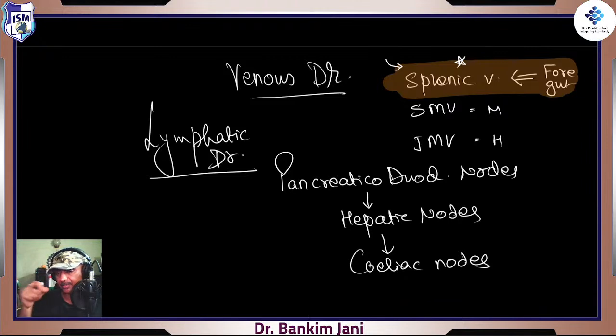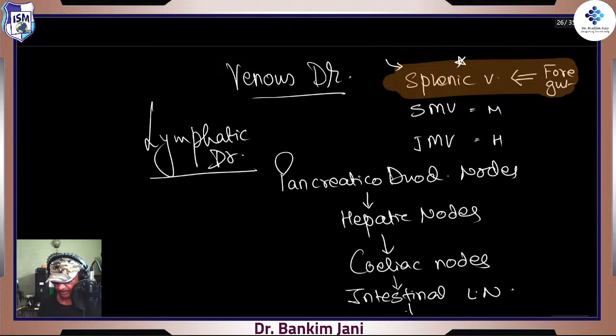So when in ultrasound you find that these nodes are bigger, stony, hard, and clumped together, that means they are involved. That is where you will track this to figure out how much is the involvement. From here it will go to the intestinal lymph nodes, and then finally to the cisterna chyli.